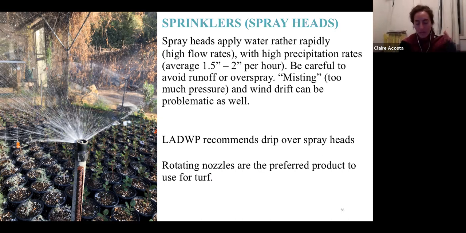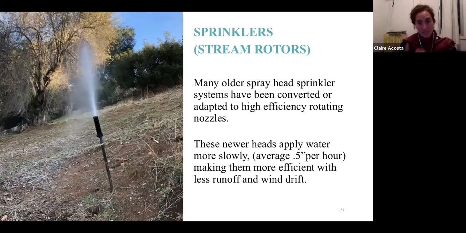The stream rotors, or the MP rotors, many of those old sprinkler spray heads have already been converted to this type, which is the higher efficiency rotating nozzle. And these water more slowly, so they have a lower precipitation rate, something like 1/2 inch per hour.